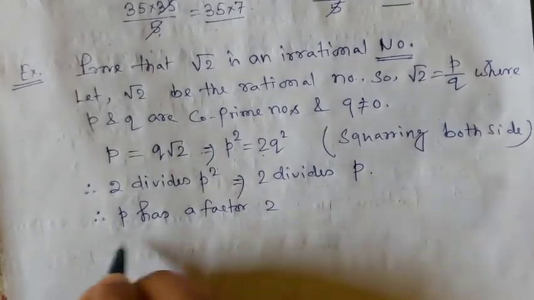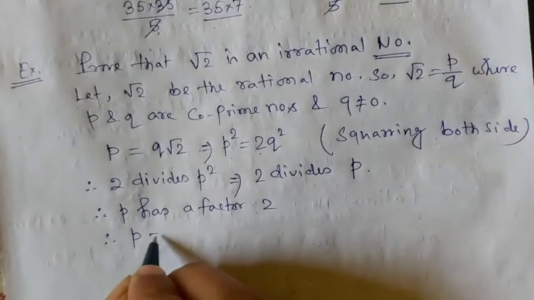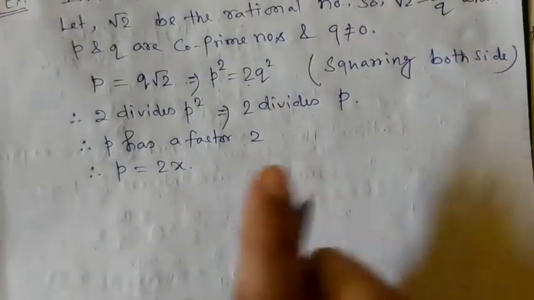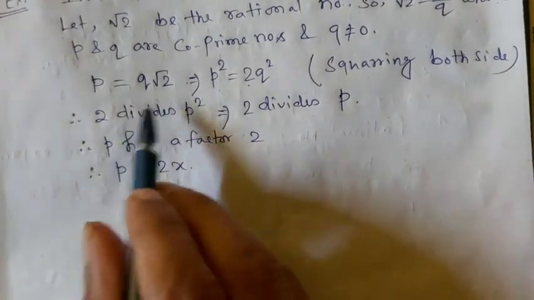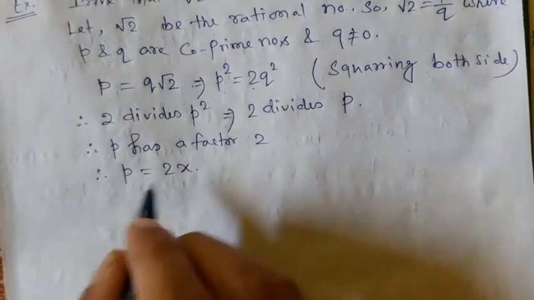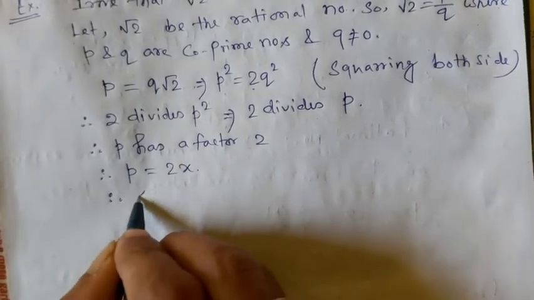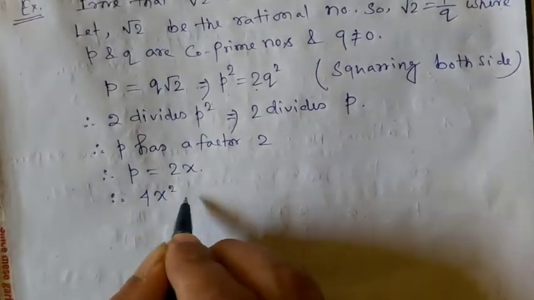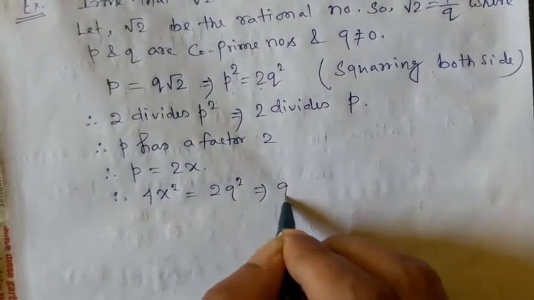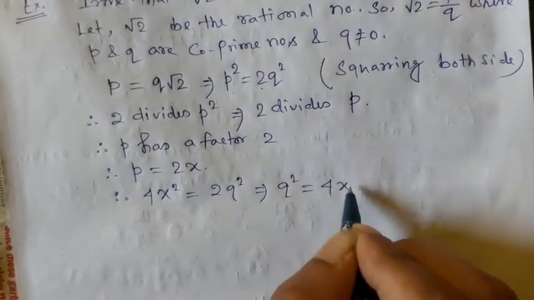So p can be represented as p is equal to twice of x. Okay, so p equal to twice x means in the equation p square equal to 2q square, we can say that 4x square is equal to 2q square. That means q square is equal to 2x square.